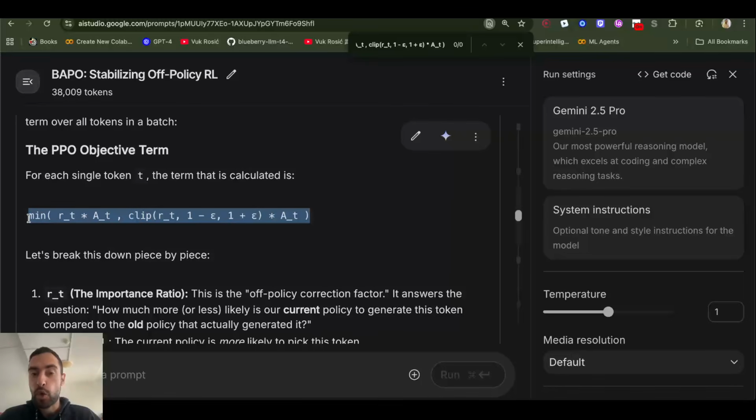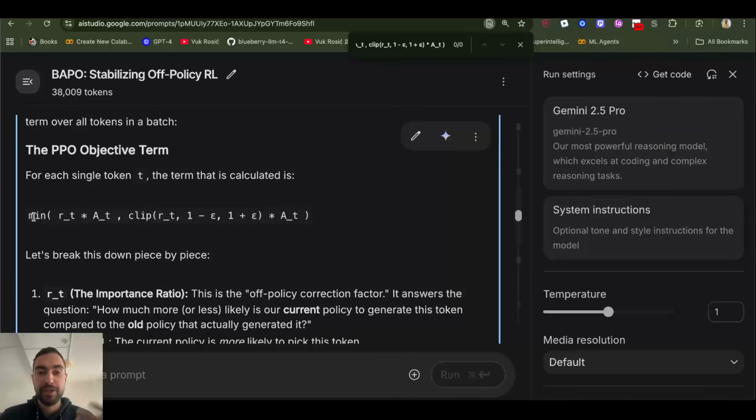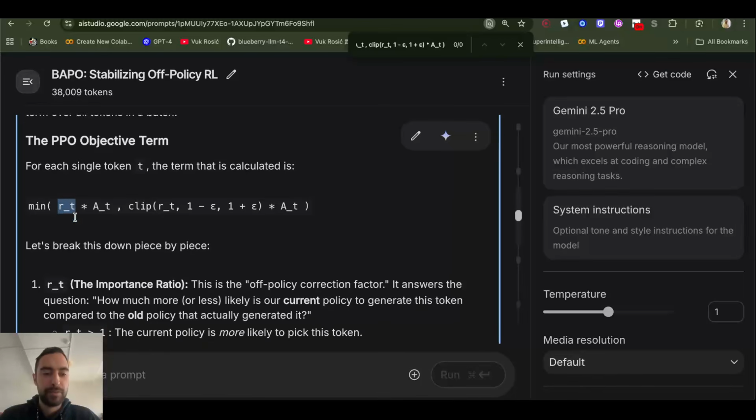So different tokens will be differently more likely or less likely. However, if the answer is correct, every token in that answer will become more likely in the model from that point on. If the answer is incorrect, every token will become less likely. Now, how much more likely? It depends on this importance ratio that I will repeat what it is.